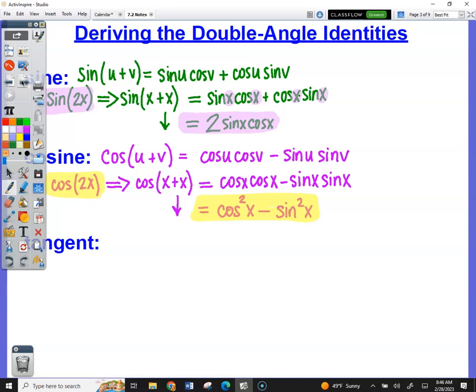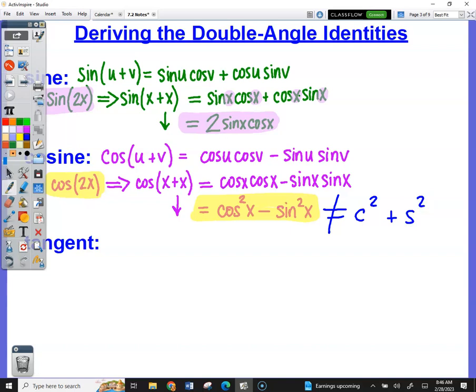Then we did the cosine formula, and we found that the cosine double angle formula simplifies to cosine squared minus sine squared. And as the bell was ringing yesterday, I was saying to y'all, be careful. This is not the same thing as cosine squared plus sine squared.